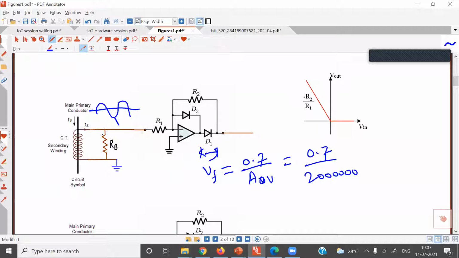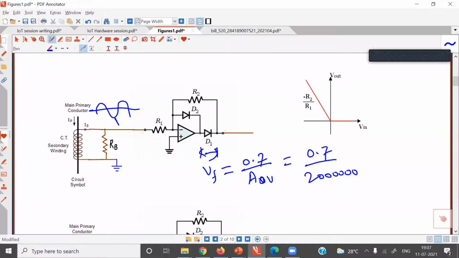So we can measure voltage induced across the CT coil in the millivolt range as well with the help of this circuit. As the voltage drop across the diode gets divided by the open loop gain of the amplifier, this is as good as a short circuit.